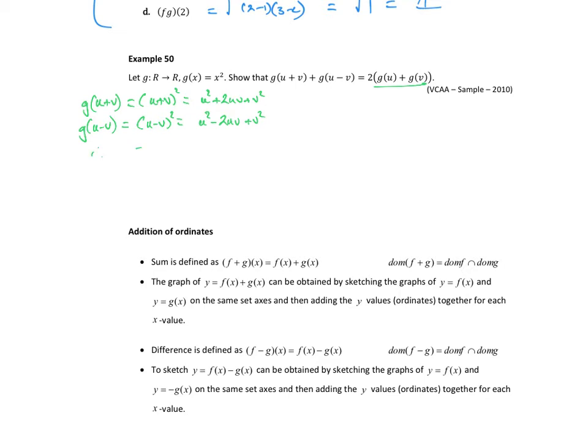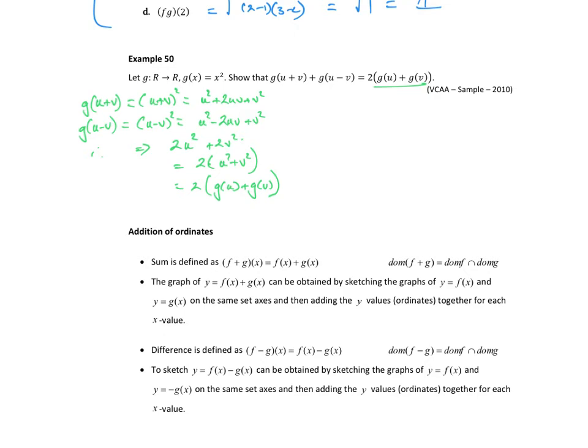If we add them, we get 2u squared plus 2v squared, which is equal to 2 times u squared plus v squared. And that is simply equal to 2 times g of u plus g of v, which is what we had to show. All right.